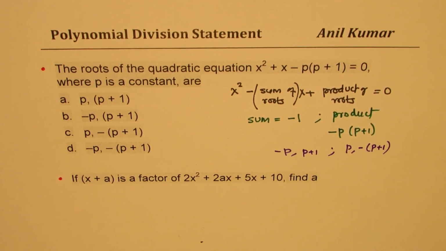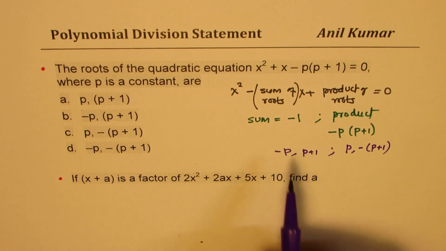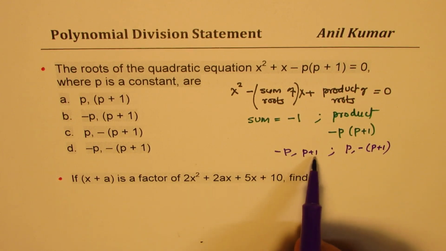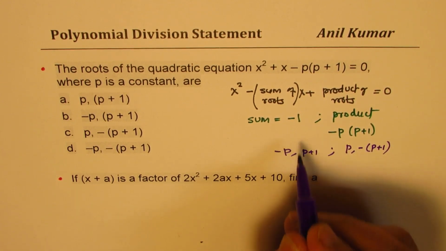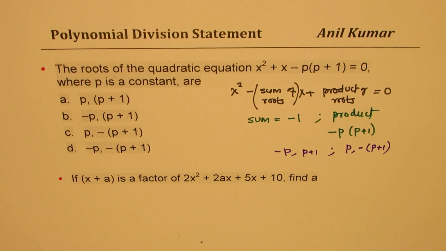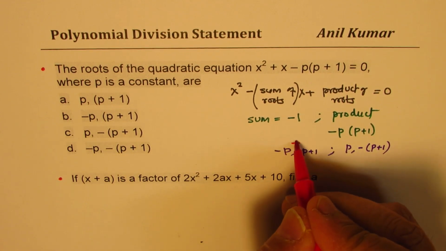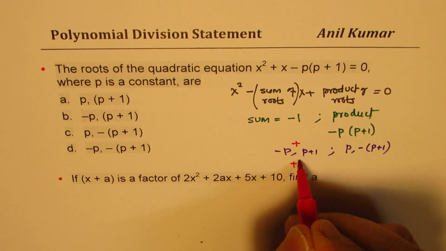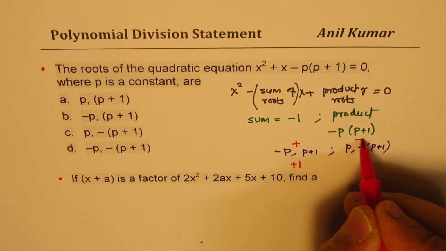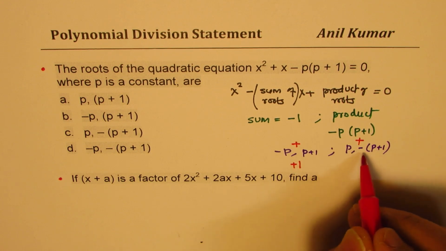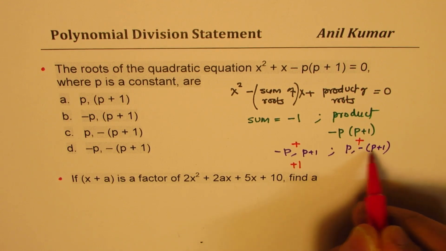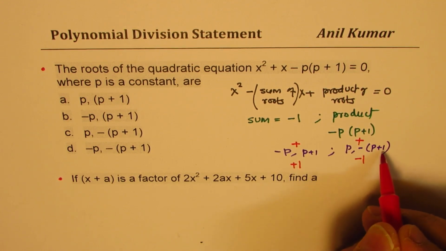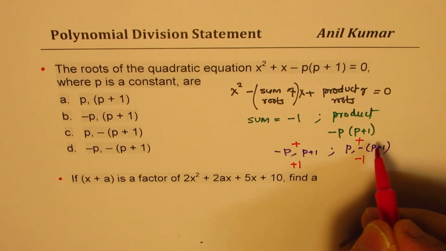That is what I need to decide, correct? So if I add these two, I basically get plus 1. That is the concept which you need to understand. But when you add these two, p minus p is 0, and minus 1 gives you minus 1. So that should be the answer.